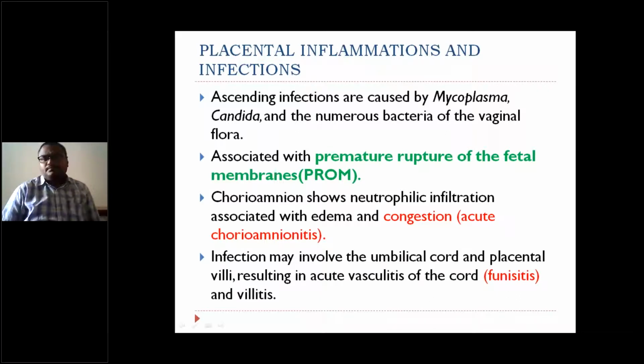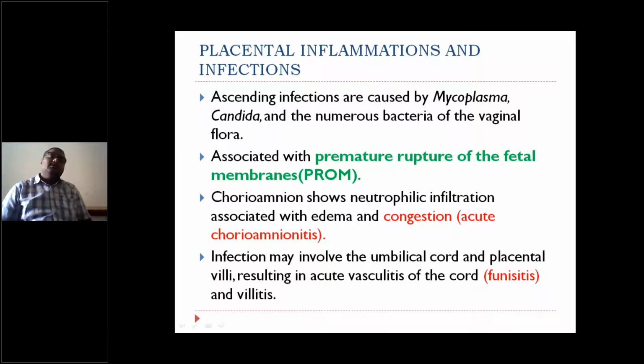What happens in acute chorioamnionitis is that the chorioamnion shows neutrophilic infiltration associated with edema and congestion. This is because of the ascending infection from the female genital tract. Sometimes the infection may involve the umbilical cord and the placental villi, resulting in acute vasculitis of the cord, which is called funisitis, and villitis.